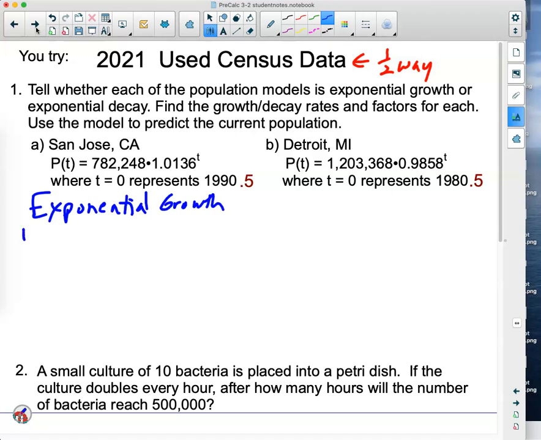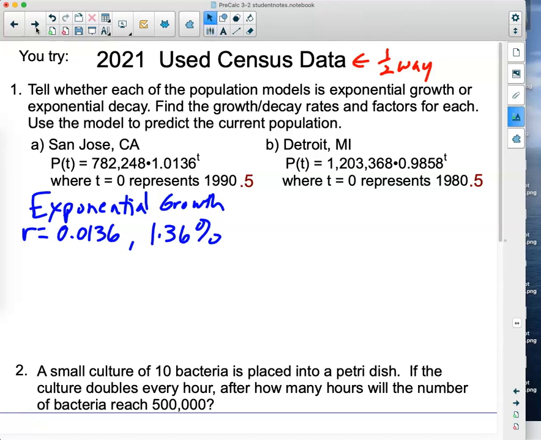And what would our R value be before we change it into a percentage? 0.0136. Good, good. So then we'll change that into a percentage. And then we'll just go on to B, and then we'll come back and do the rest of the problem that they want here. So somebody else, tell me about B, growth or decay, please.